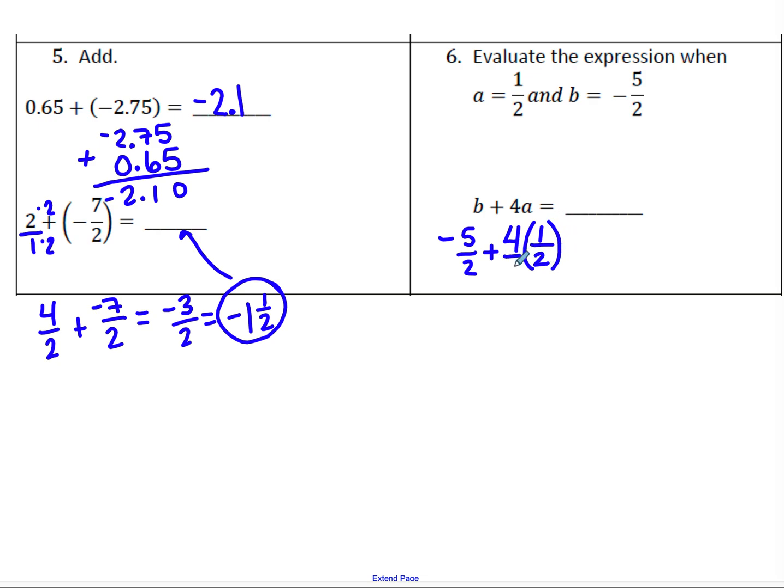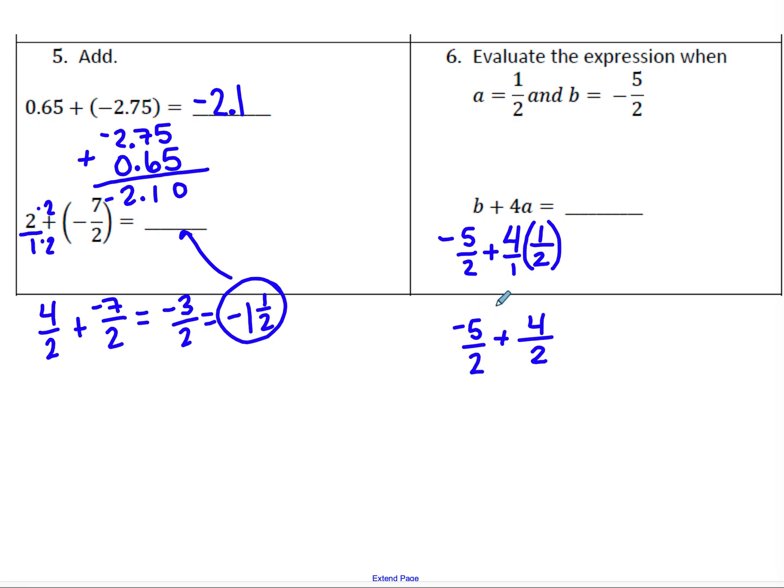Since I have fraction multiplication, I'm just going to write that 4 as 4 over 1. All right, order of operations, I do multiplication first before I do addition. 4 times 1 is 4. 1 times 2 is 2. I'm going to leave it as 4 halves, even though I know it's an improper fraction, because this other part that I have to add to it is also in halves.